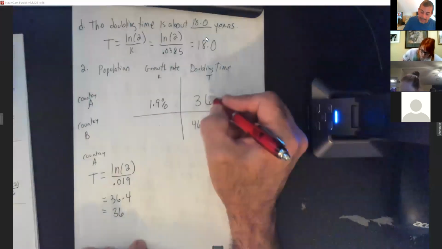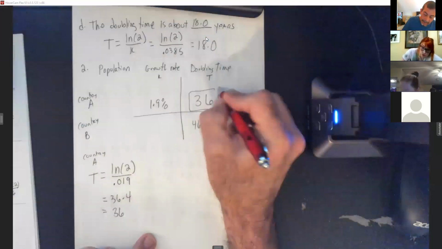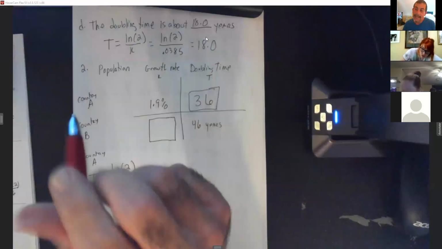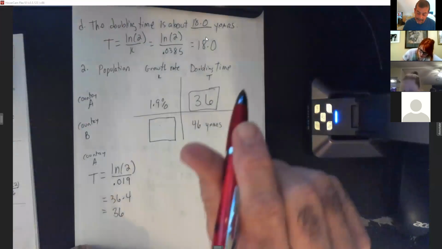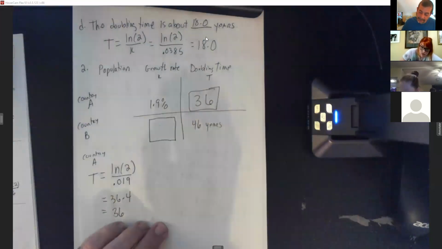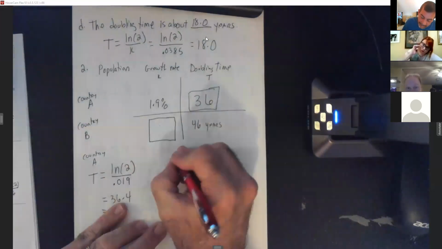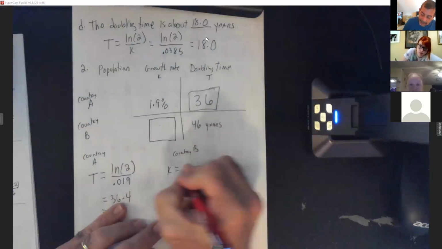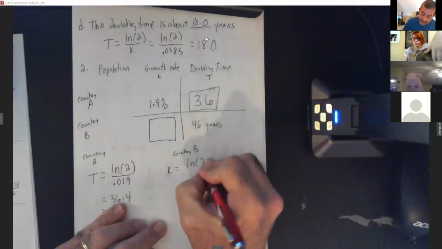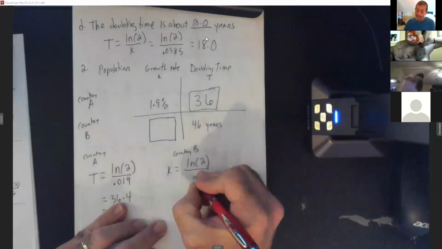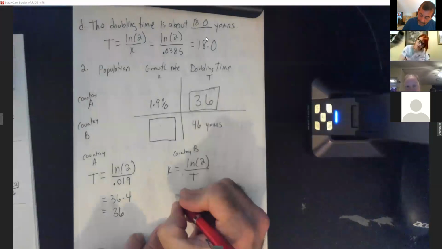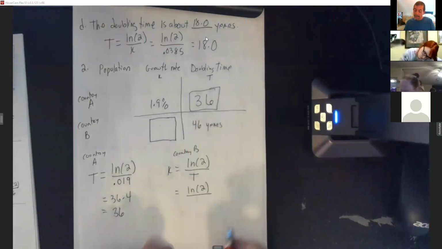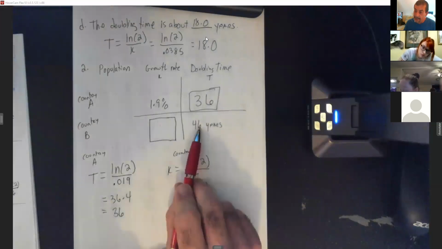That's my first answer. Now, I'm looking for the growth rate, and the growth rate I'm going to write as a percent. So remember, we said that for country B, K is going to equal ln of 2 divided by the doubling time. We know the doubling time it took was 46 years.